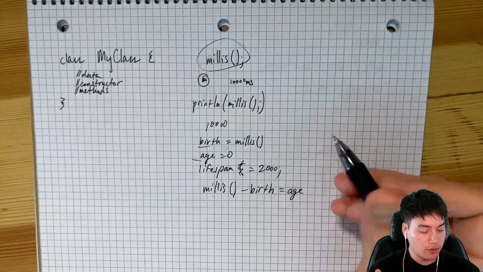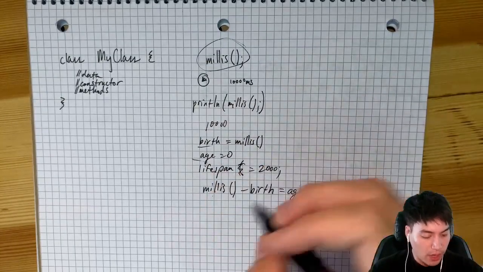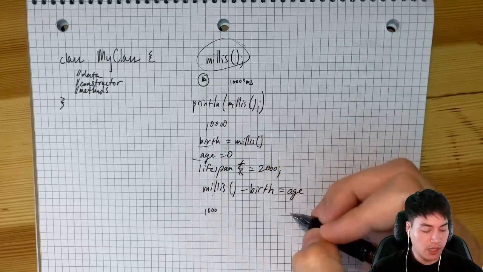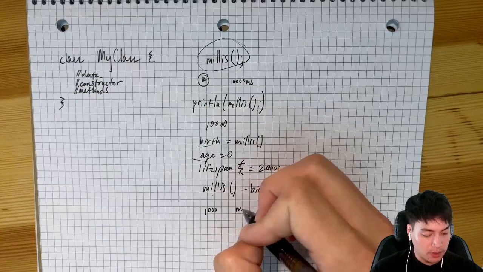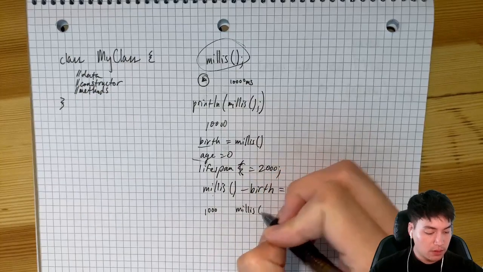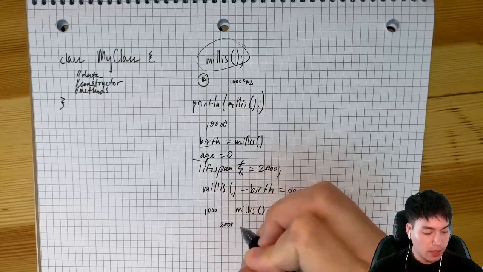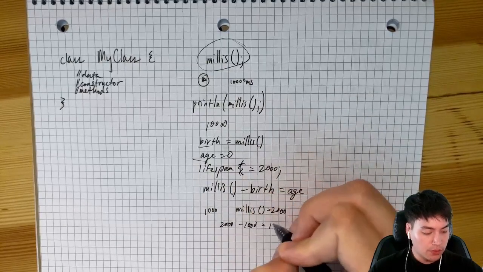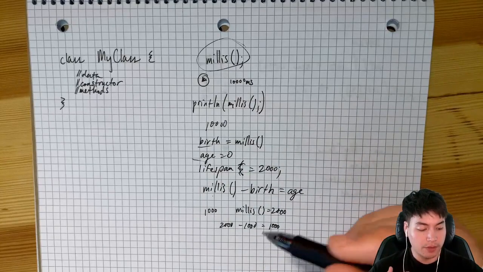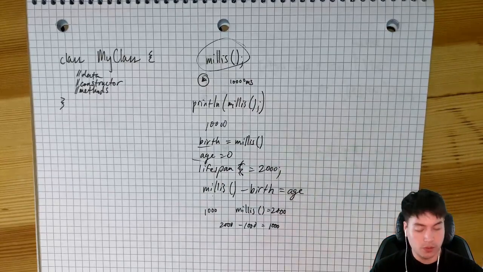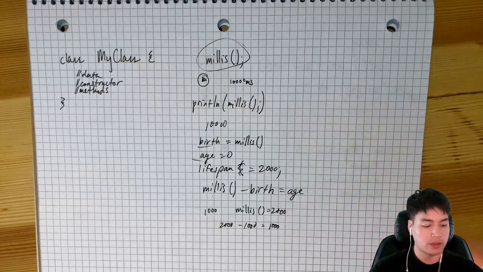So think about it this way: if my ripple is born at 1,000 milliseconds, and then another 1,000 milliseconds pass, then millis is going to return 2,000. So 2,000 minus 1,000 equals 1,000. And that makes sense, because if our object has been alive for 1,000 milliseconds, or if it's been on screen for 1,000 milliseconds, then its age would be 1 second.